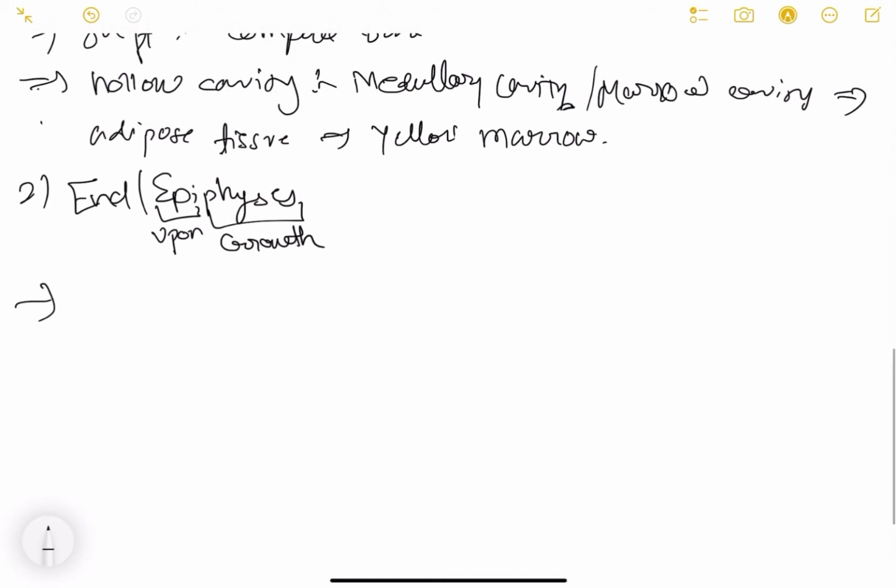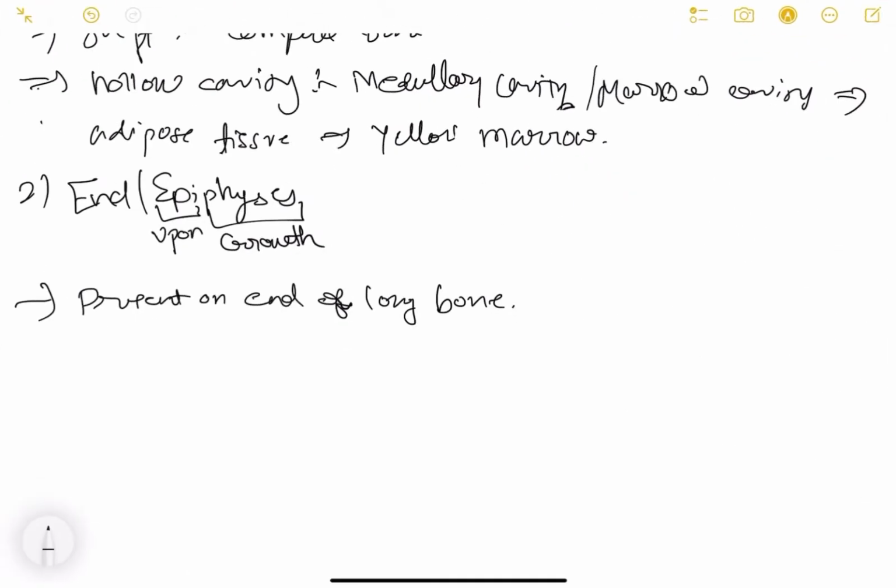So if we talk about this, what is present on the end of a long bone, present in the end of long bone, and it is part of secondary ossification.